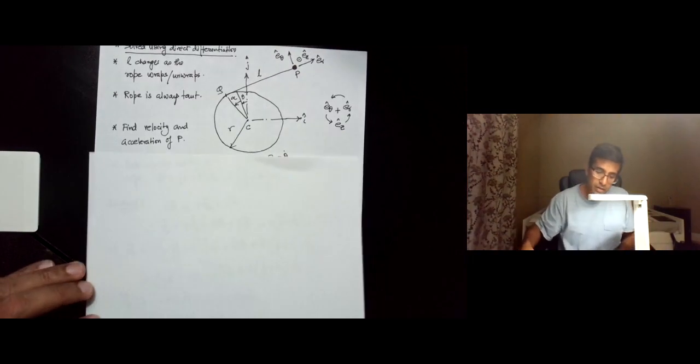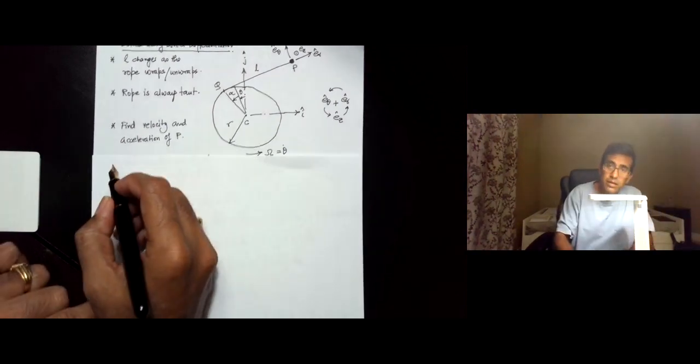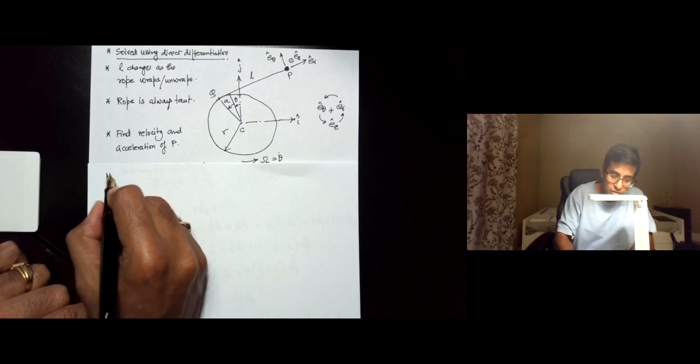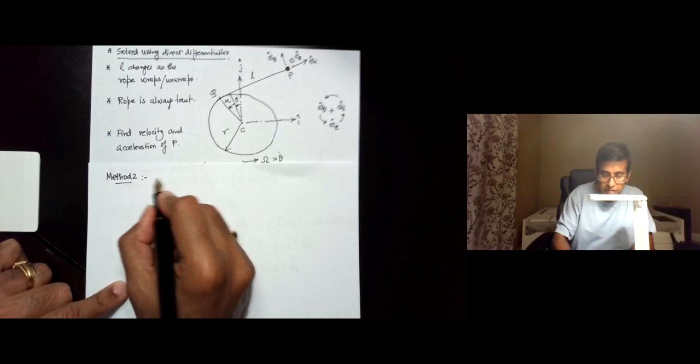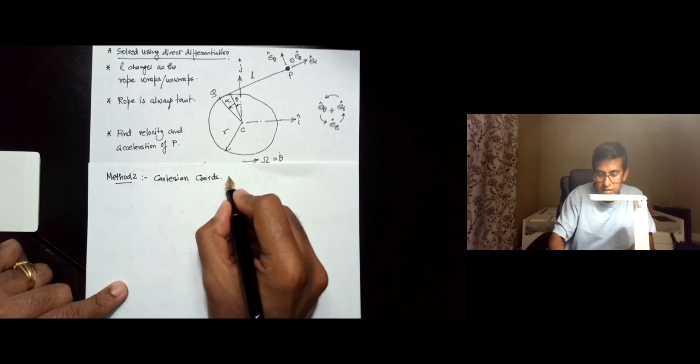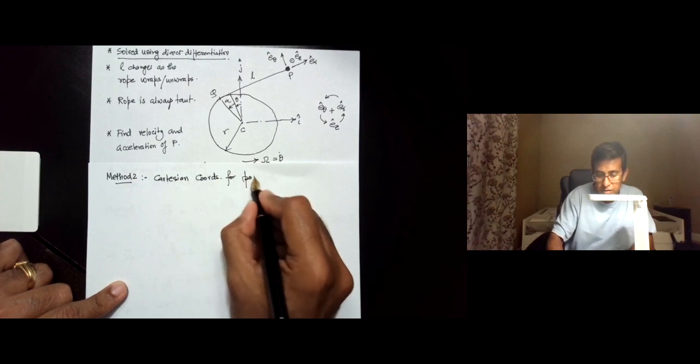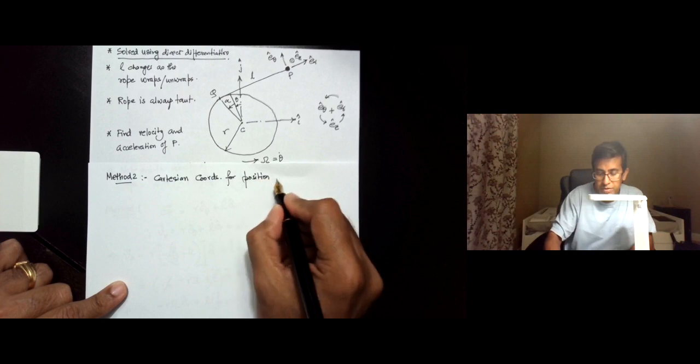So here, method 2 uses Cartesian coordinates for the position vector.